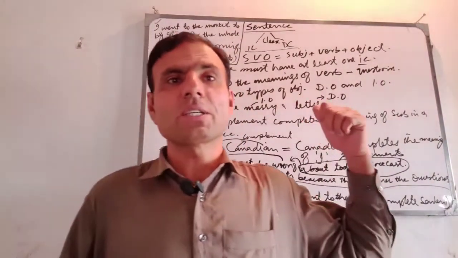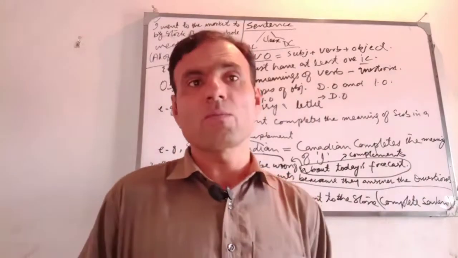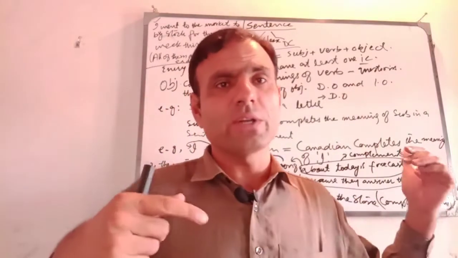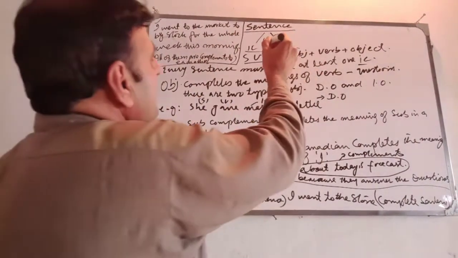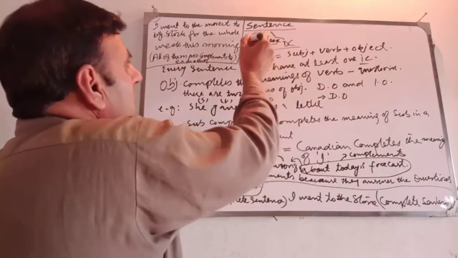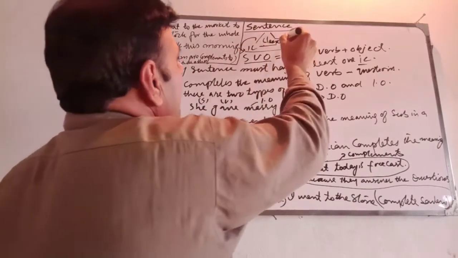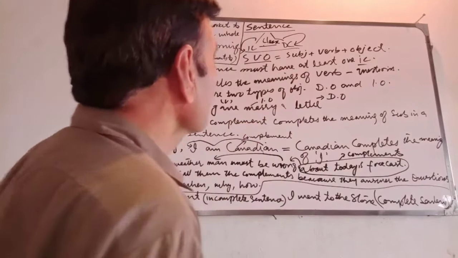So we have some details on the whiteboard. Let's go to the whiteboard and try to make things clearer. Sentence. There are clauses in a sentence. One clause is called the independent clause, the other is called the dependent clause.